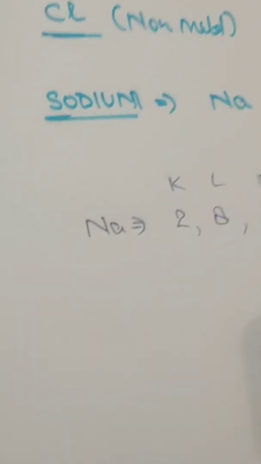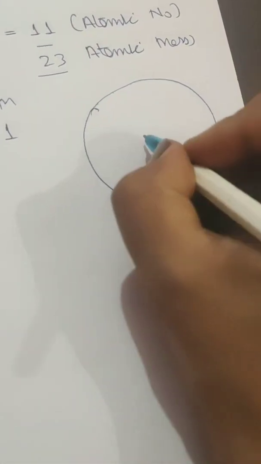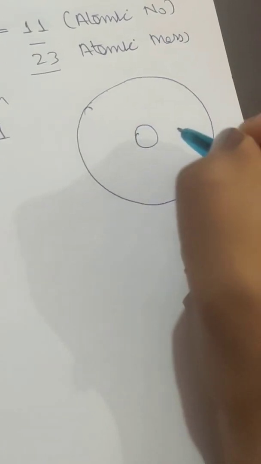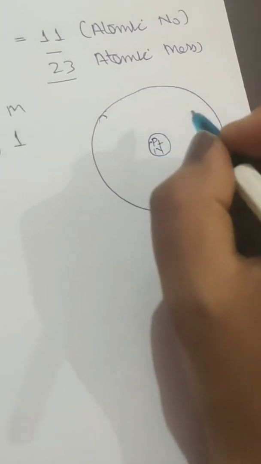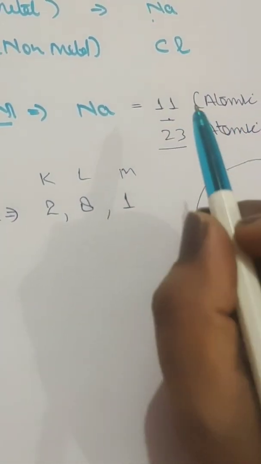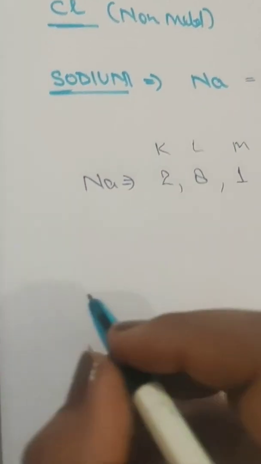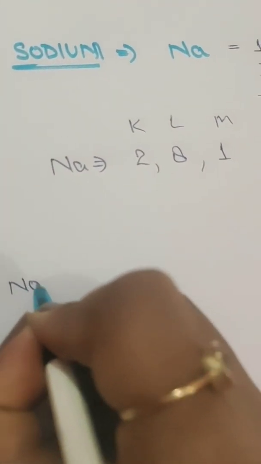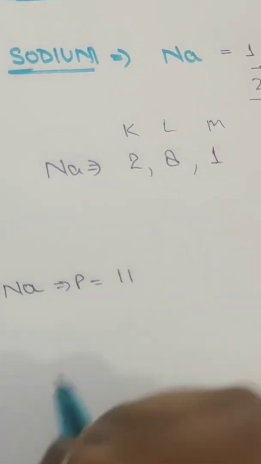Like I have said, the structure of the atom is like this, and in the center is the nucleus, and in the nucleus it's protons plus neutrons. Since the atomic number of sodium is 11 and the atomic number is the number of protons, sodium has protons equal to 11.